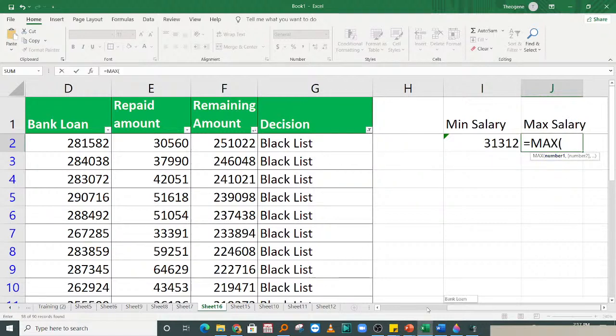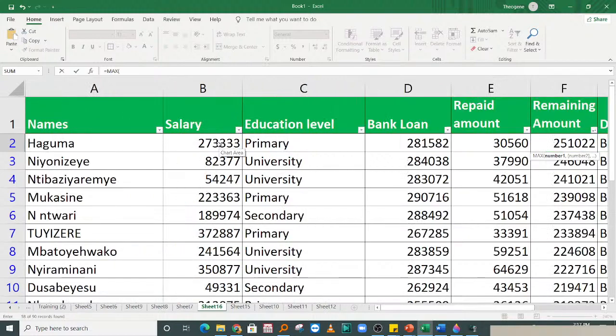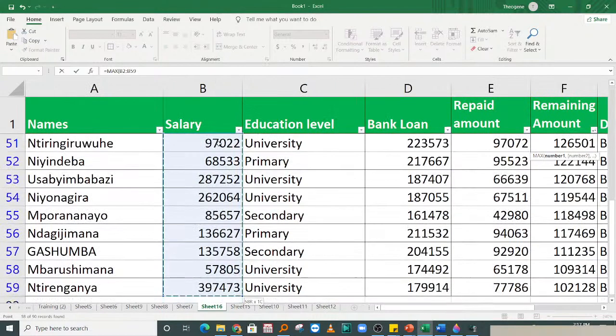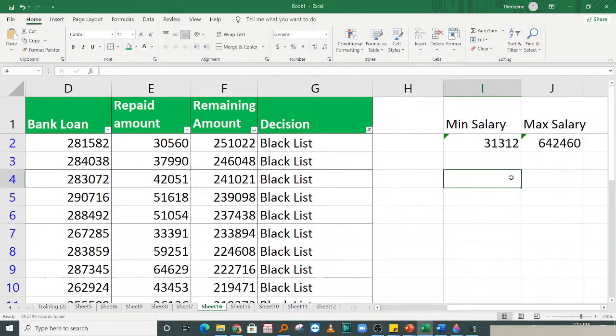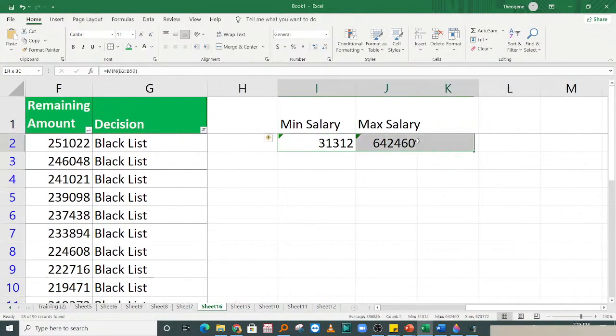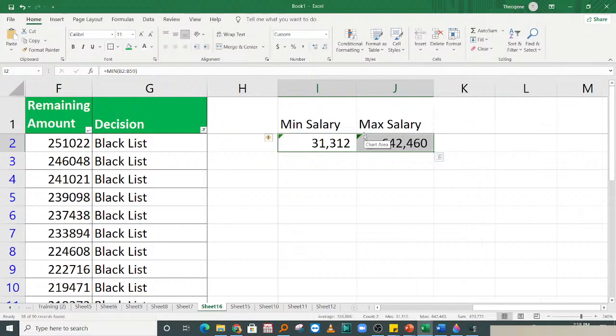So you see, you open parentheses, then you select all the salary from top to down, then you close parentheses, then you click enter, then you find the highest salary paid here is around 600,000 and whatever. You see, whereas there are some people who are paid a low amount like this one, 31,000.